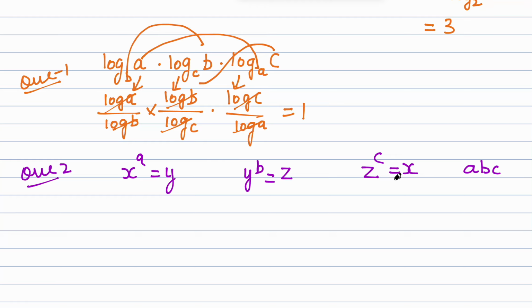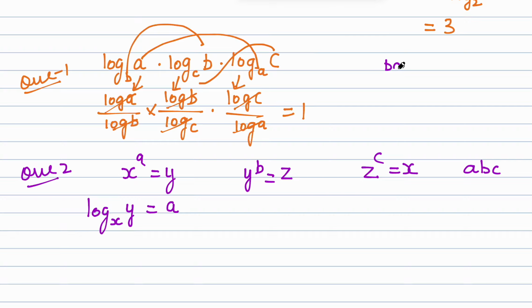Let's go to the very basics where we learnt about exponents and logarithms, that they are inverse functions. So I'll use log. So how can we write it? Log of this, x to the power a is equal to y, so log base x of y is equal to a. So what rule are we using?